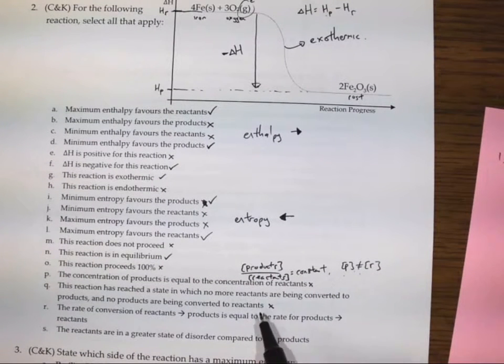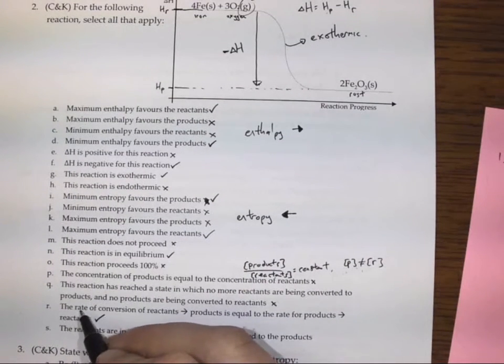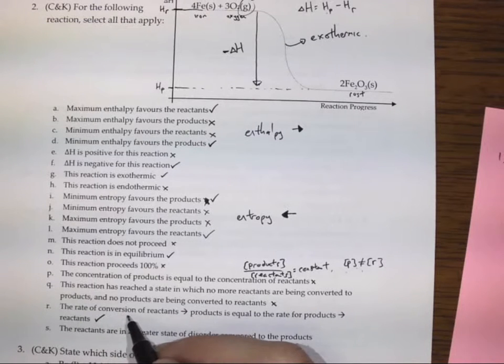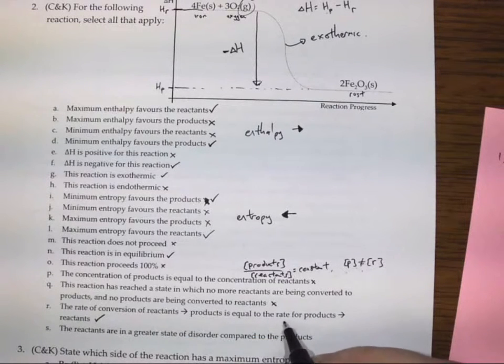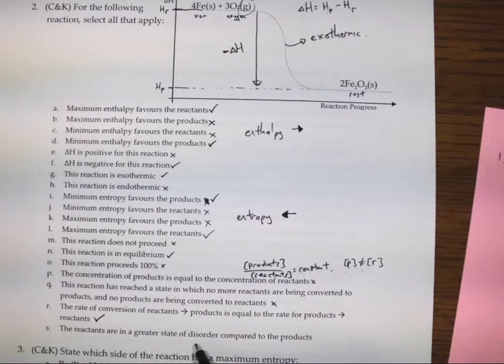The second one, R, states that the rate of reactants to products is equal to the rate of products to reactants, and that is true. And the reactants are in a greater state of disorder, meaning entropy, compared to the products.